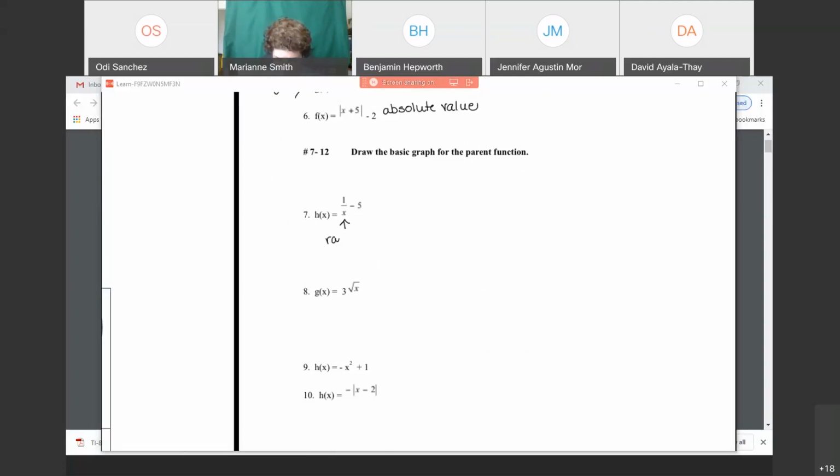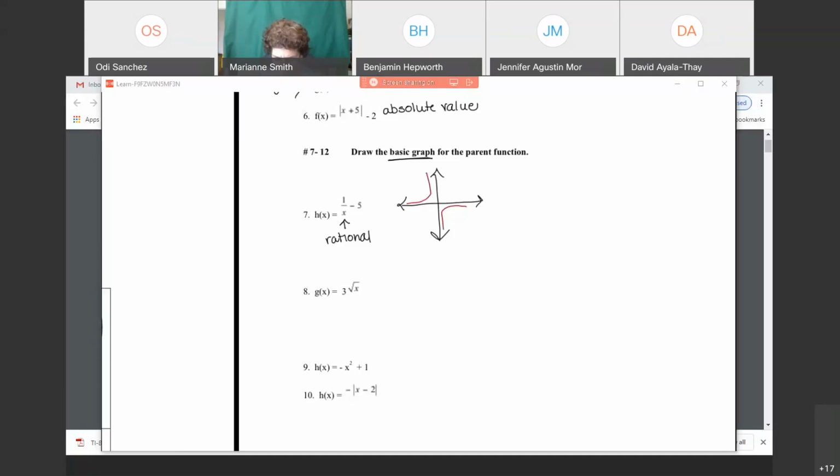Good, rational. And they want to know the basic graph for that kind of function. I'm not drawing the graph of h of x. Here's the basic graph for that kind of function, with a vertical asymptote at 0. So it's important to know what shape these graphs have.